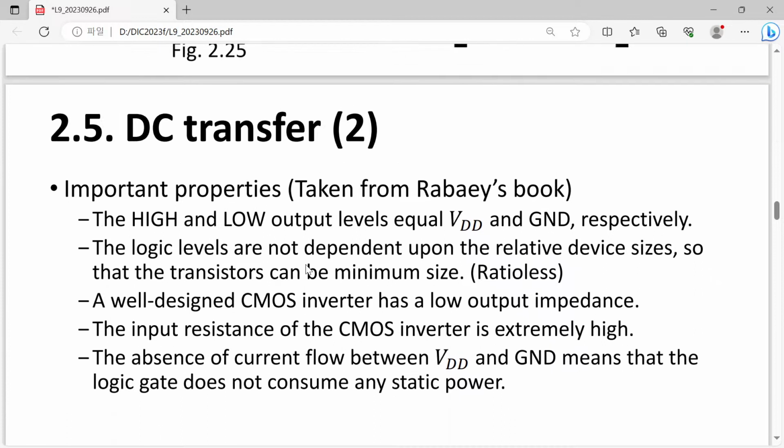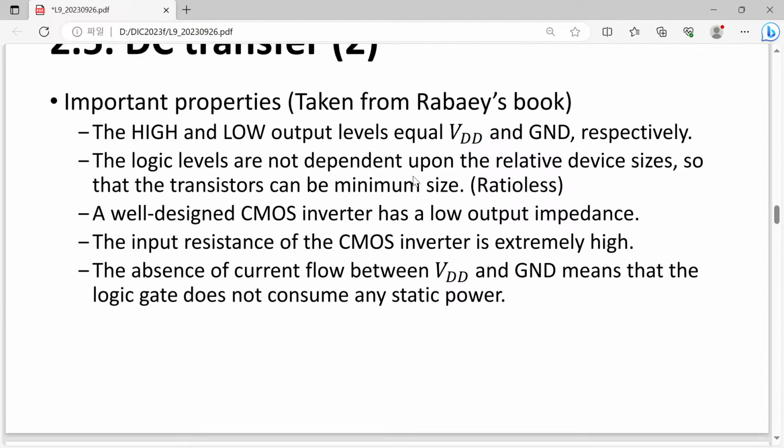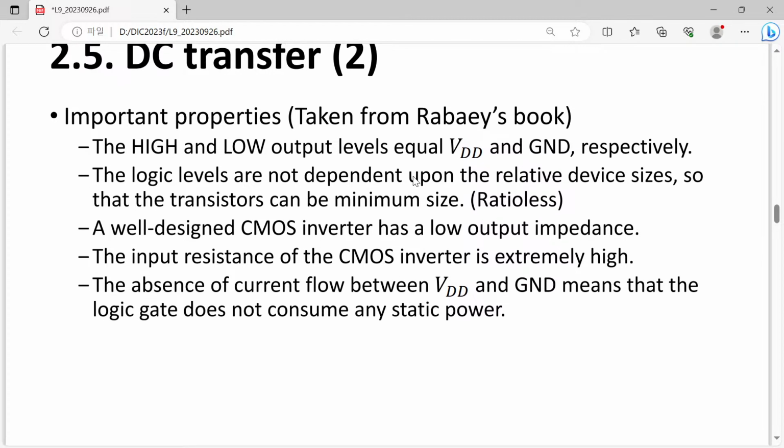Before starting today's main content, let me summarize the important properties of a CMOS inverter. I took it from other books, not our textbook, but anyway, you can easily understand these factors.